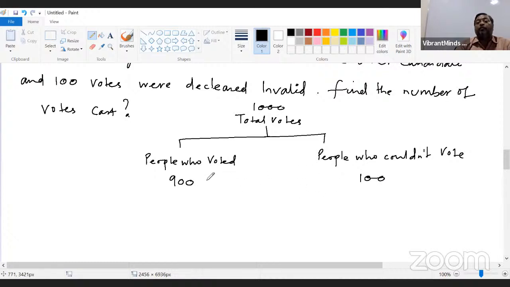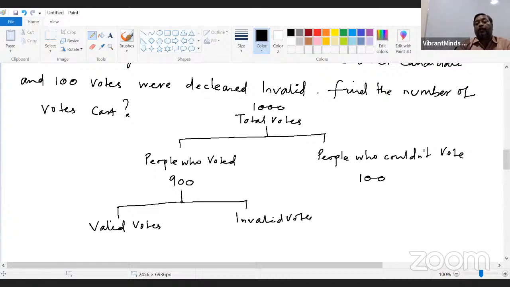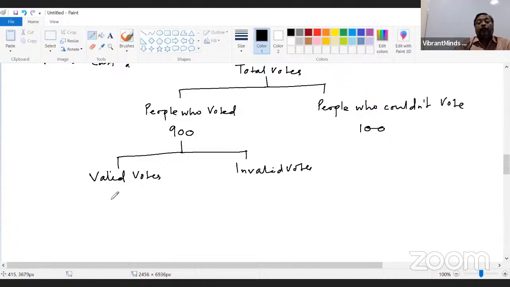So it will always be 100%: 90% voted and 10% did not vote. So we will always consider this. In this, we will face the problem of valid votes and invalid votes. So let's say we have 600 valid votes and 300 invalid votes.